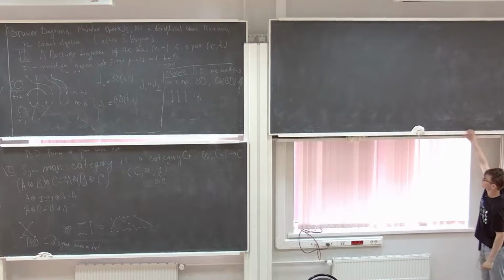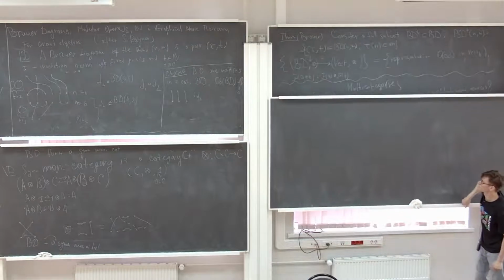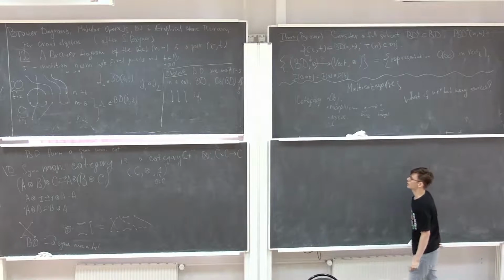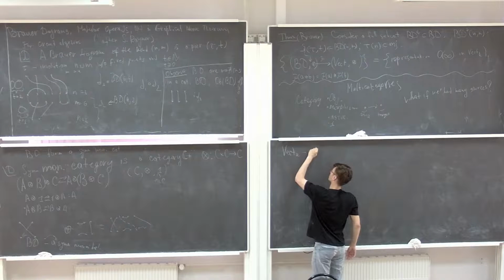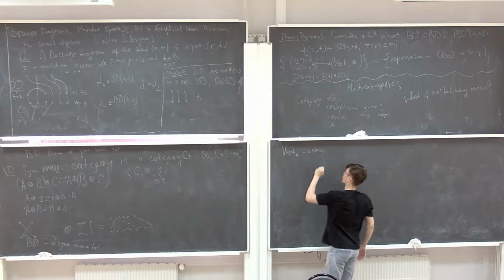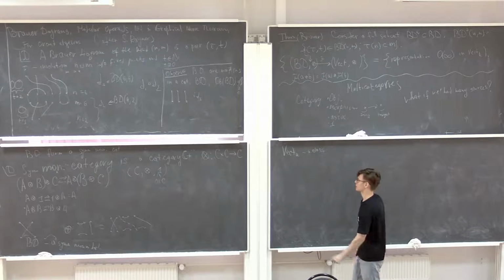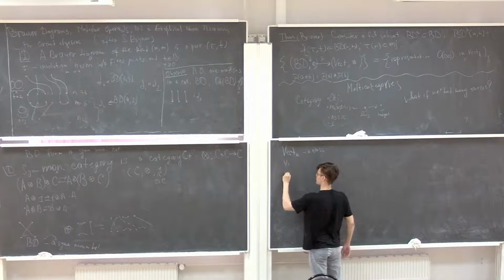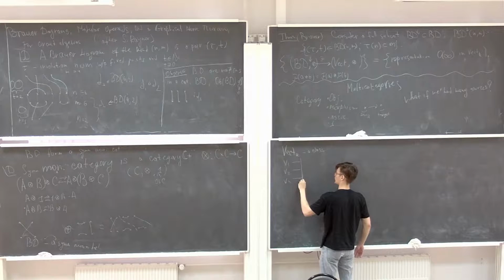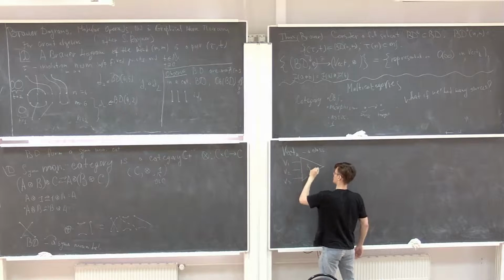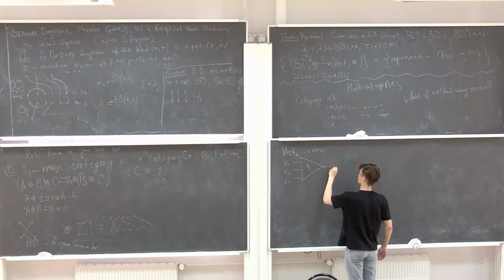And here's an example of this situation. Consider the class of all vector spaces. We can consider several vector spaces, V1, V2, V3, for example, and take a multilinear map to another vector space.